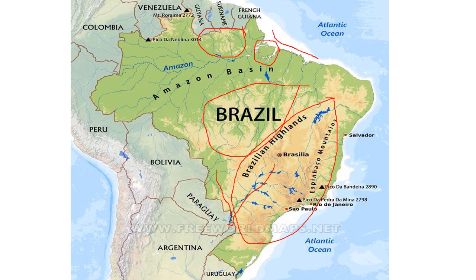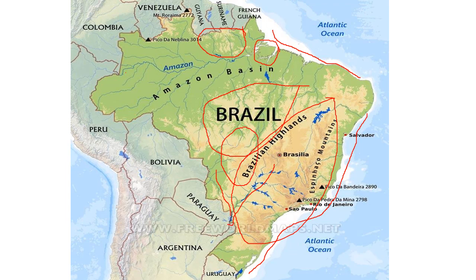Then here we have a coastal area. This white portion is a coastal area. This is in the northeast, and the very long coastal area is in the southeast of Brazil. We have Pantanal over here.